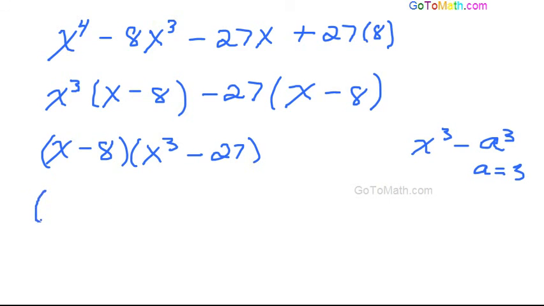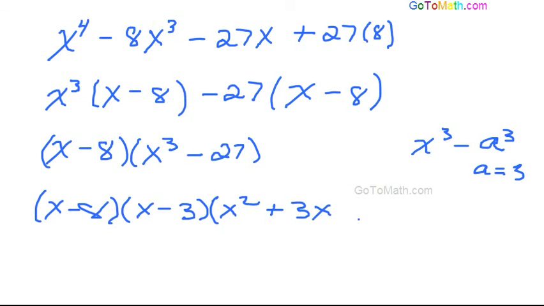Okay, so we're going to end up with x minus 8 times x minus 3 times x squared, and then this is going to be a plus, remember it's the opposite sign of whatever this is, 3x plus 9.